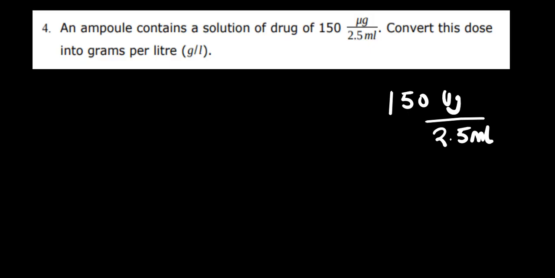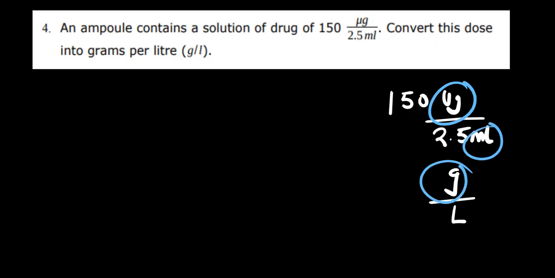Convert this dose into grams per liter. So you're able to see that we want to convert our micrograms to grams, then convert our milliliters to liters. Nothing complicated here. Allow me to write everything in advance.